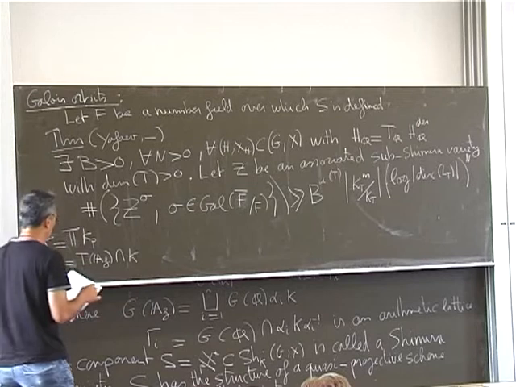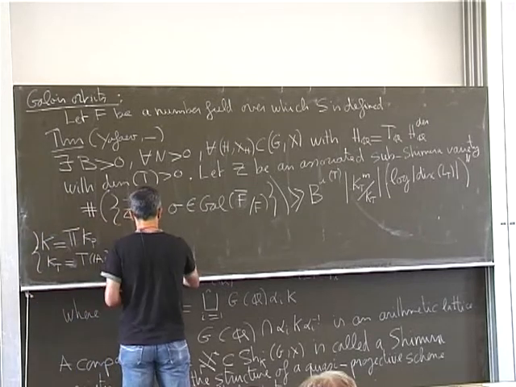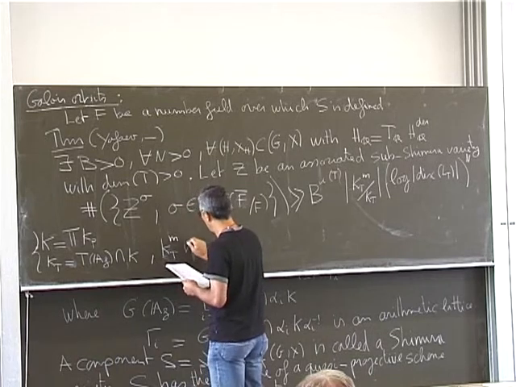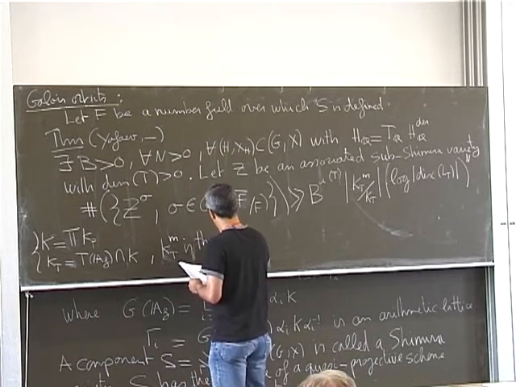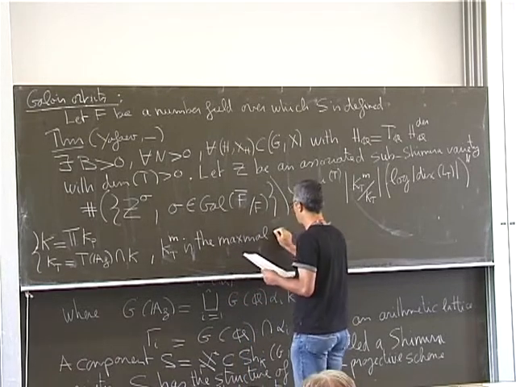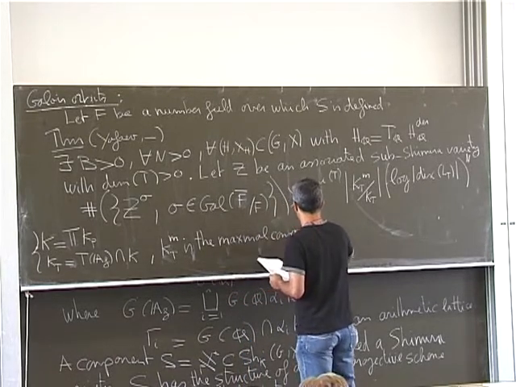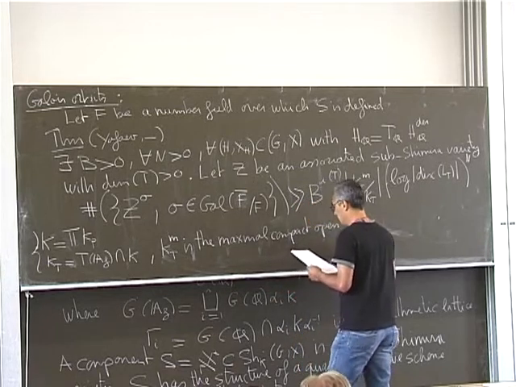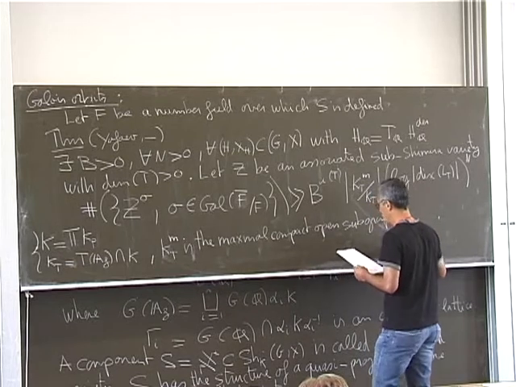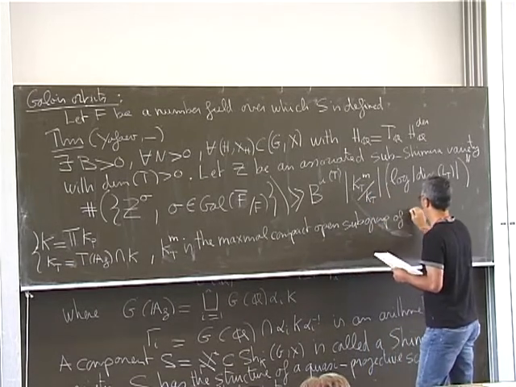And K_T^M is the maximal compact open subgroup of T(A_f).